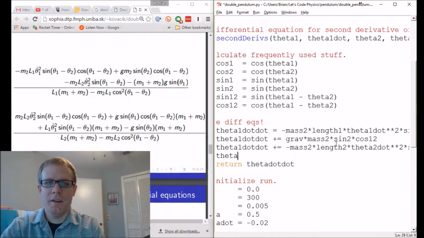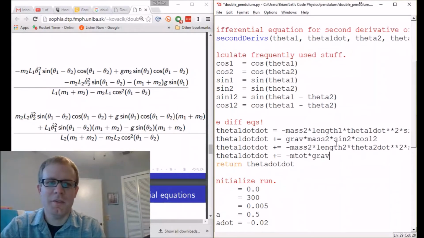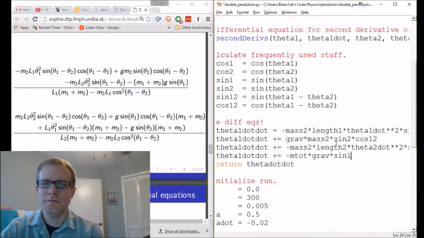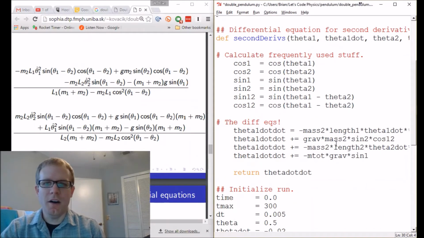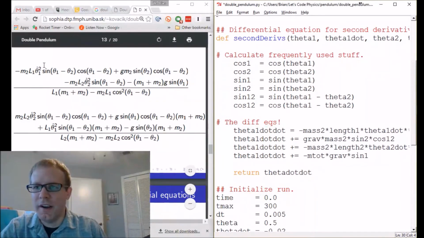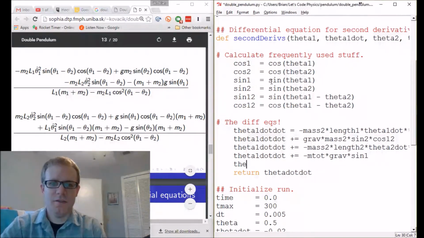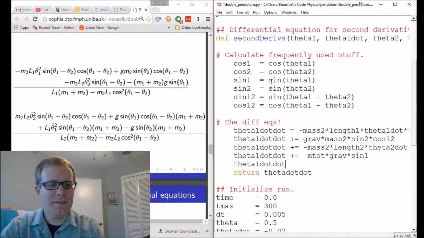Okay. Theta 1 double dot plus equals minus m tot times grav times sine 1. And then I need to do all of that, because this is all in the numerator, divide by this thing. So I need to do theta 1 double dot. Is there a divide equals?